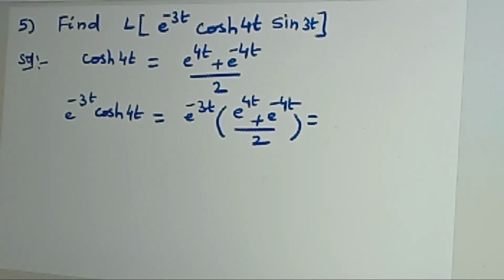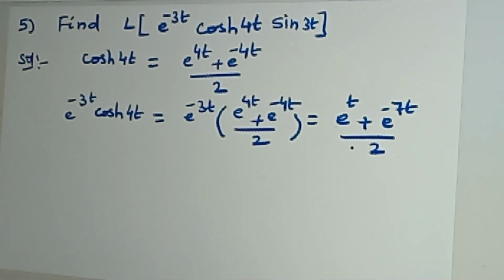Simplify करने के बाद क्या आएगी? e to the power minus 3t into e to the power minus 4t will give you what? e raised to minus 7t. And e raised to 4t into e raised to minus 3t is e raised to t, 4t minus 3t का वैल्यू क्या है? t. इसी तरह प्लस डालिए. So क्या आएगा आंसर? First it is nothing but e to the power t, plus e to the power minus 7t, minus 3t minus 4t का वैल्यू क्या है? Minus 7t, upon 2. Okay.